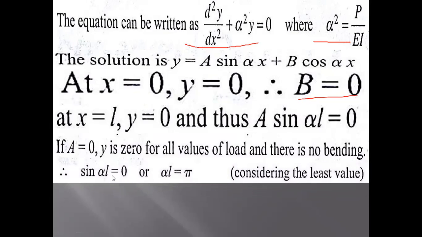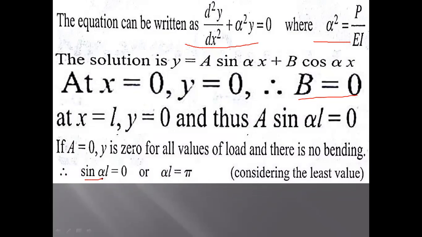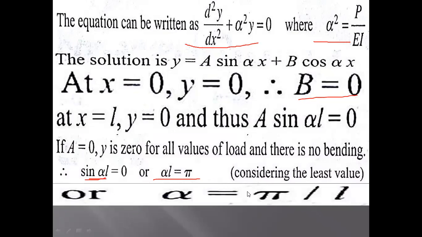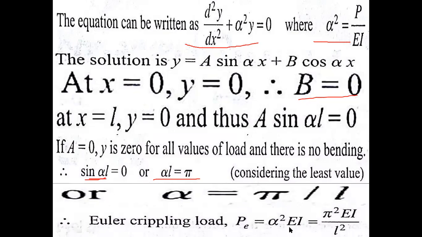So that means sin αL should be equal to 0. So αL = π, considering the least value, or α = π/L. If α = π/L, then I can say the Euler crippling load is α² multiplied by EI, and α² is equal to P/EI.